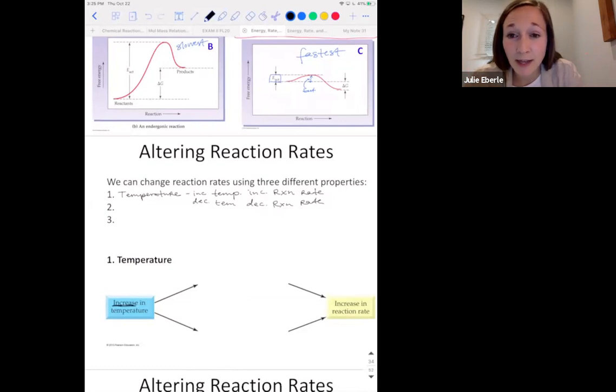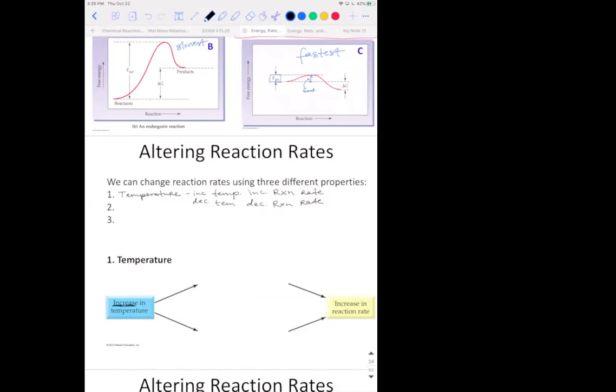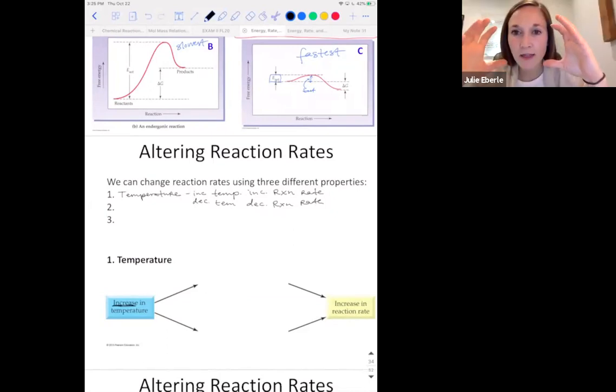If something has more energy, it can move faster. Does that make sense? If you are doing a reaction in a confined space, a container with a certain volume, the faster the molecules move, the more often they will collide.